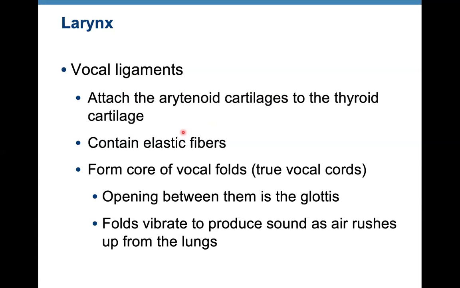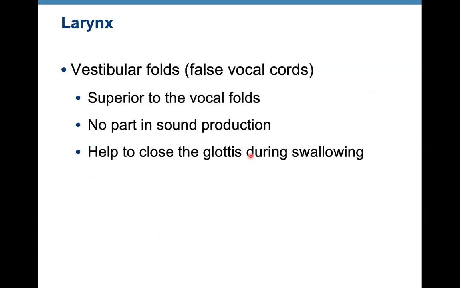They contain elastic fibers, and they will form the core of the vocal folds, which are referred to as your true vocal cords. There is an opening between them called the glottis. What happens is as air passes through, sound will actually rush up from the lungs, and you produce voice or sound. The vestibular folds are the false vocal cords.